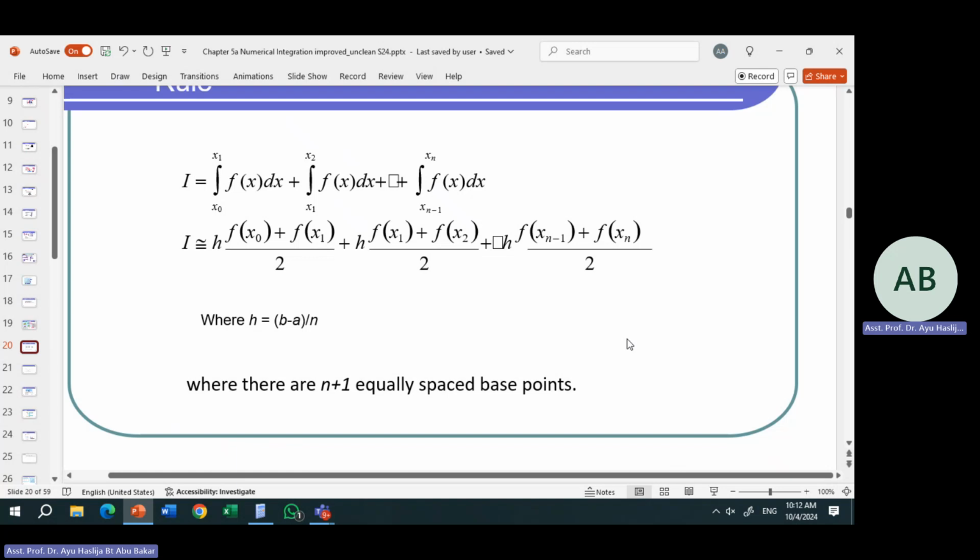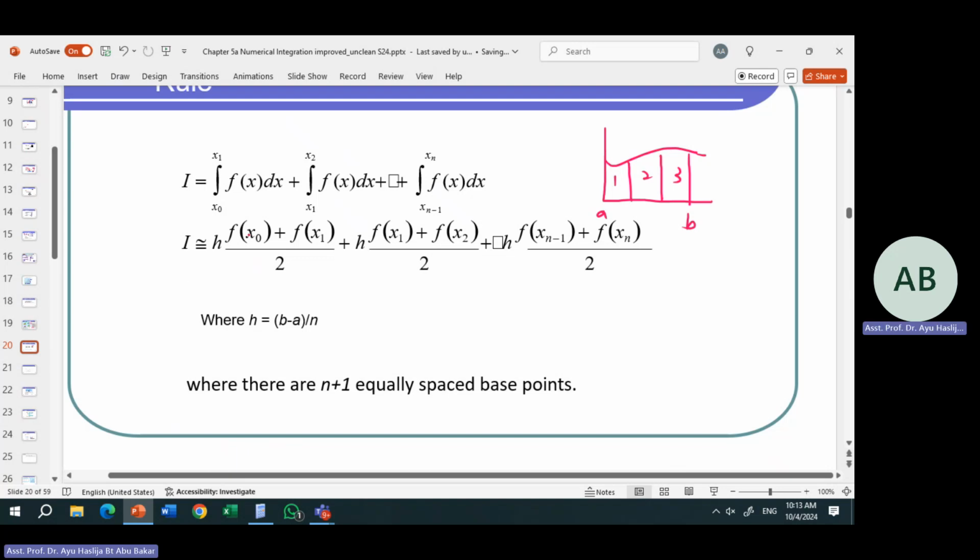Now this is the equation for multiple application. This is plus. So you see, multiple involves all segments, because you have many segments just now. Let's say that one is your segment.